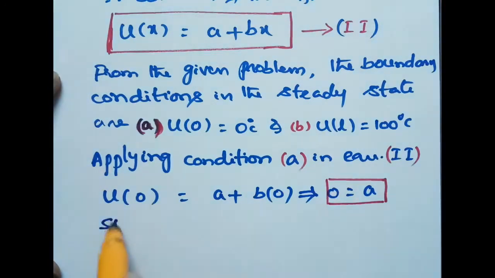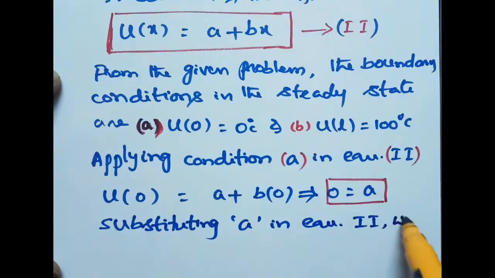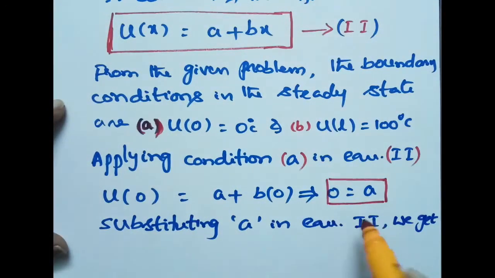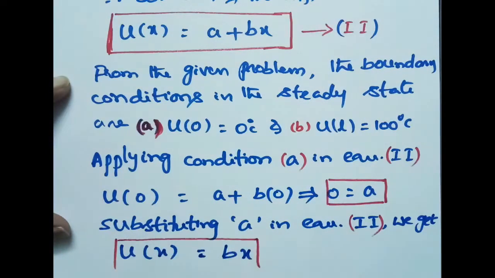Substituting a = 0 in equation 2, we get u(x) = bx. Say this is equation number 3.